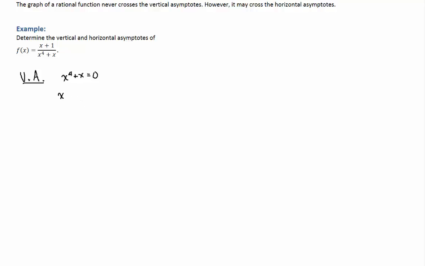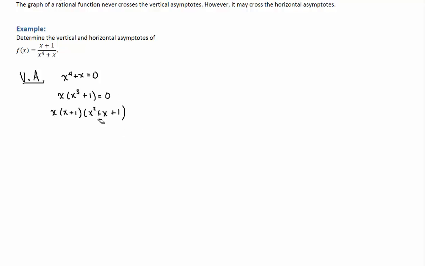We can factor out an x, and we can then factor the cube, factoring the sum of cubes here, and I messed up because this is a minus.